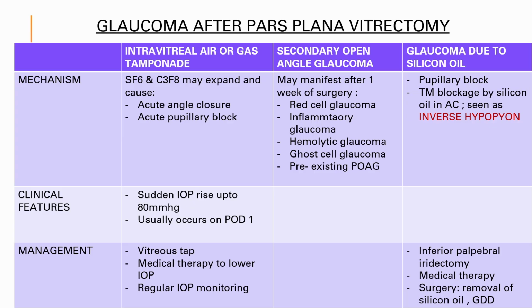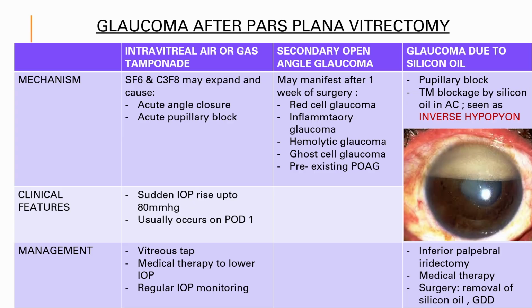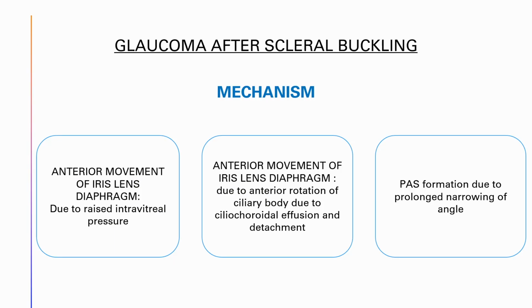Then comes glaucoma due to silicone oil, which is pupillary block glaucoma, as the oil can block the pupil, and there can be trabecular meshwork blockage by the silicone oil in the anterior chamber, which is seen as inverse hypopyon or hyperoleon. And the management is inferior peripheral iridectomy, medical therapy, and surgical removal of the silicone oil and placement of glaucoma drainage device.